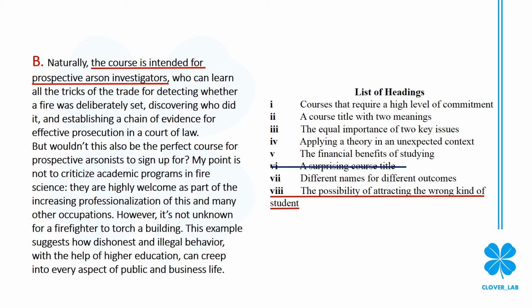Then the author asks a question, "But wouldn't this also be the perfect course for prospective arsonists to sign up for?" in order to point out the possibility of attracting the wrong kind of student. The course might attract students interested in starting fires, not fighting fires, right? So, therefore, the answer is heading number 8.